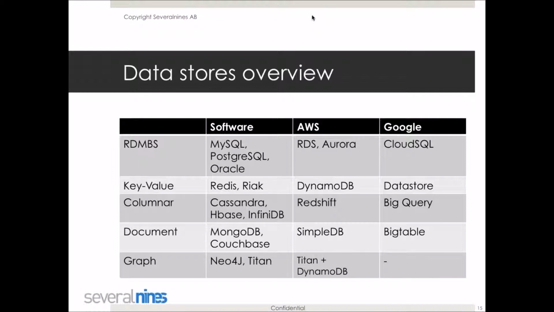If you take this data stores overview to the examples, you can see that relational data stores used to be MySQL, Postgres, Oracle. Well, those are products that started their life already decades ago. While the key value stores like Redis and Riak are really brand new products, they only have been around for maybe 3-4 years.